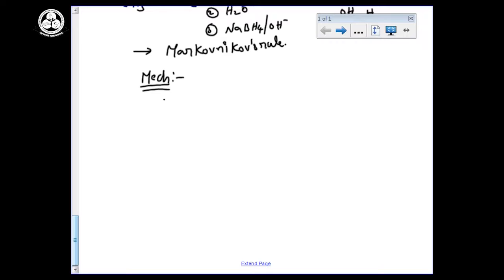First, CH3, CH double bond CH2. I am taking first mercuric acetate, Hg(OAc)2.